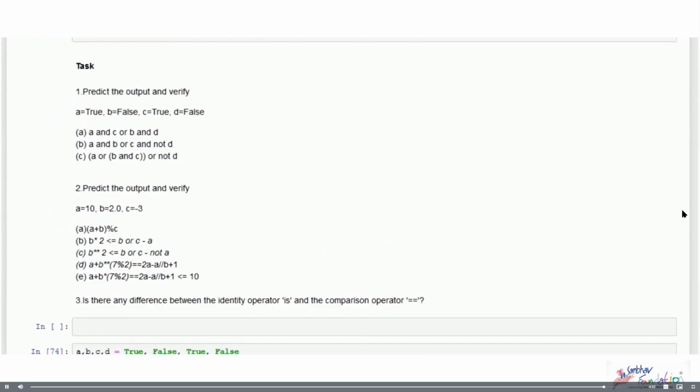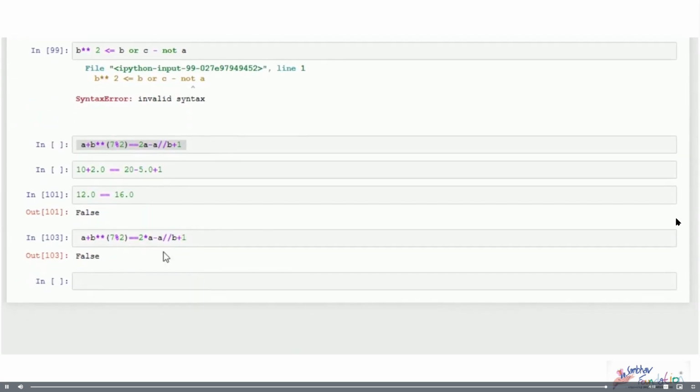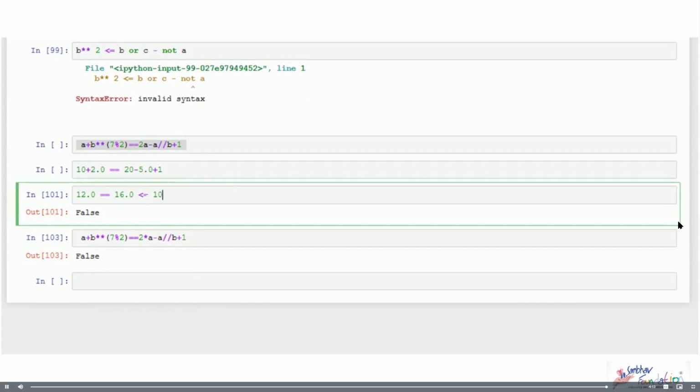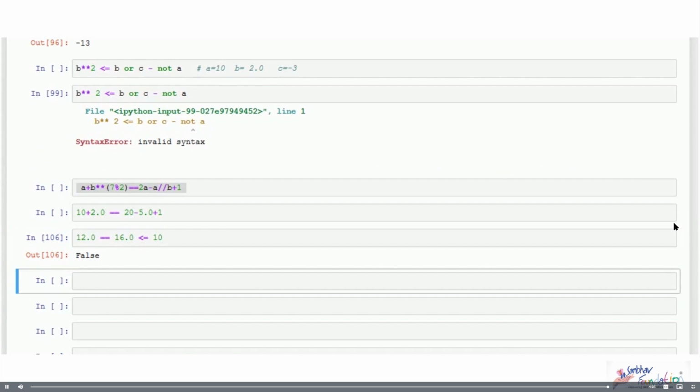And then the last one, so if you look at the last one, it is almost the same as this half, and you just have this extra part, right? So all you need to do is take the answer and do this. So if I run the output, we know this was false, right?